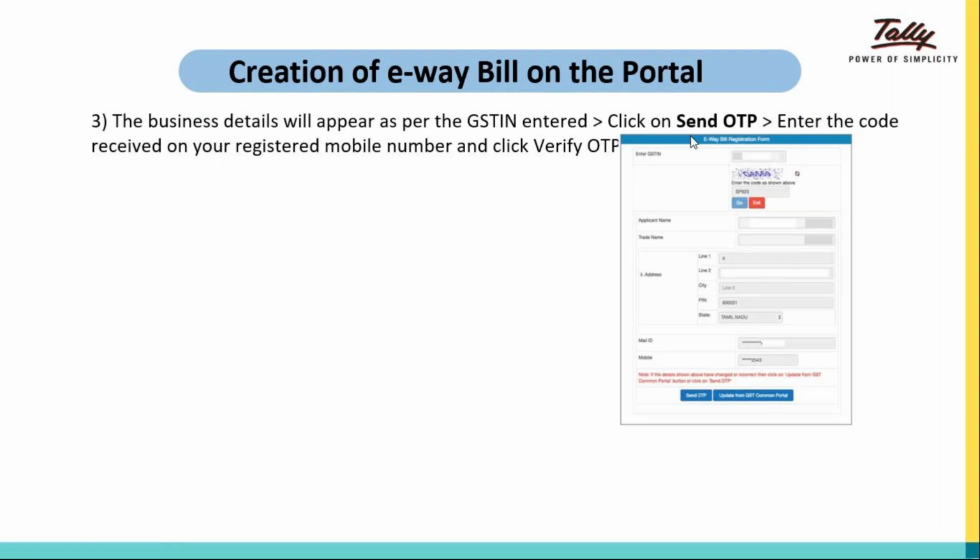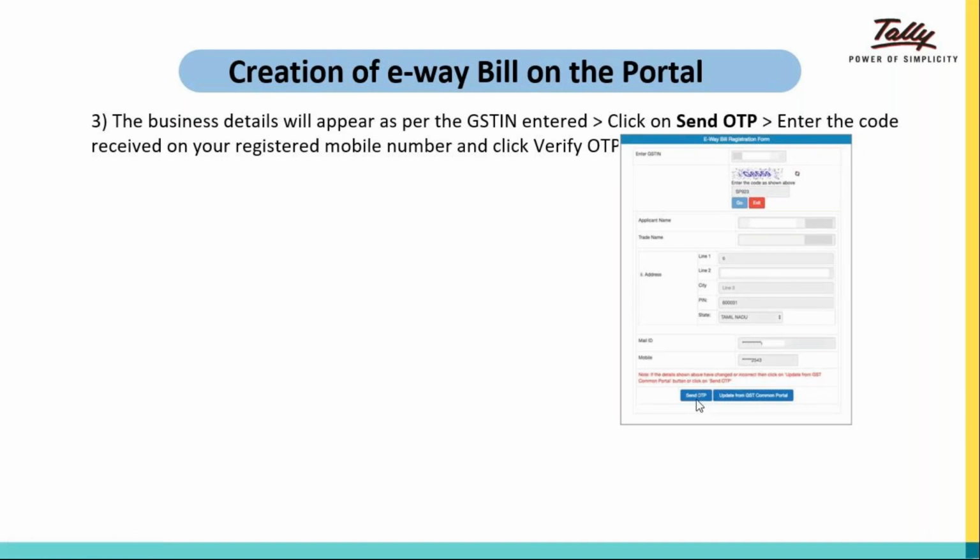Very, very important. The mobile number that you have provided during the GST registration will also be given here. So after you give in the GST number, you will have a screen like this wherein the applicant details and all the business name and everything will be filled automatically. You can cross verify that and you can click on this option here which says send OTP.